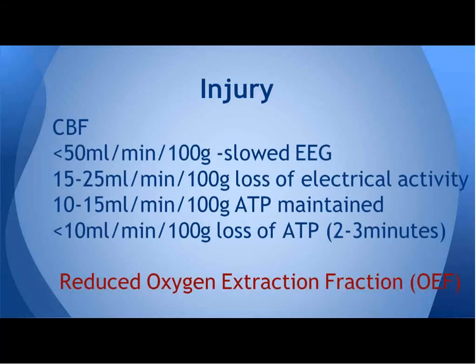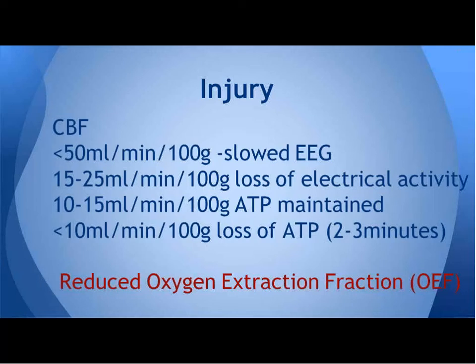So the injury. When our cerebral blood flow drops below 50 mils per minute per 100 grams of tissue, you start seeing a slow EEG. You get a little bit slower flow, 15 to 25 mils, loss of electrical activity, 10 to 15.